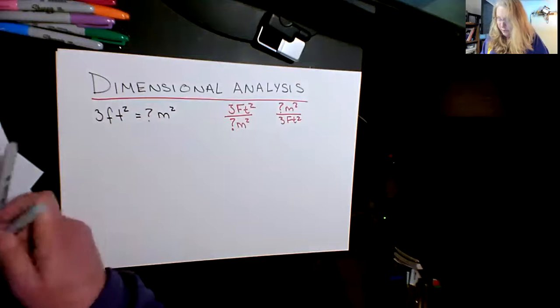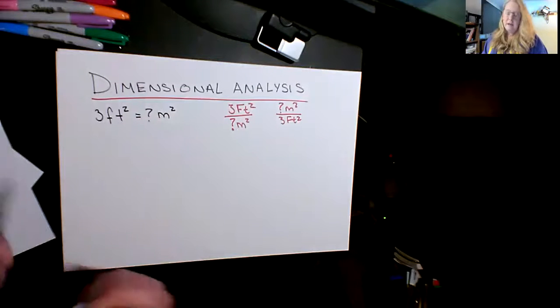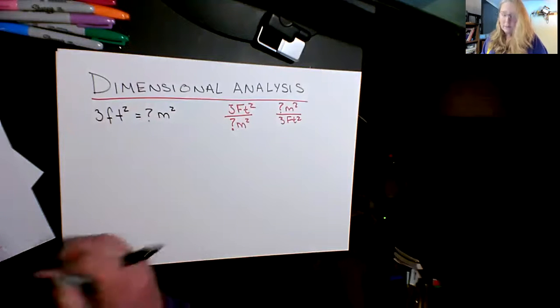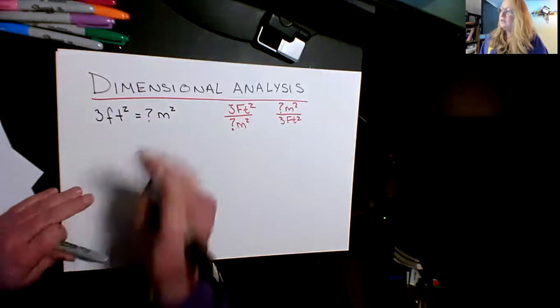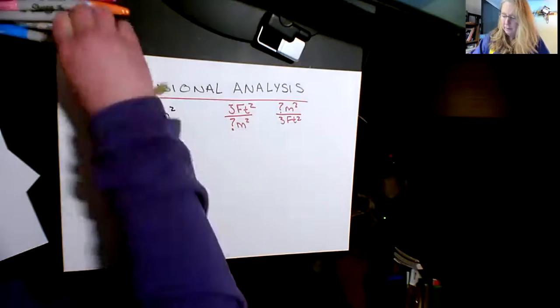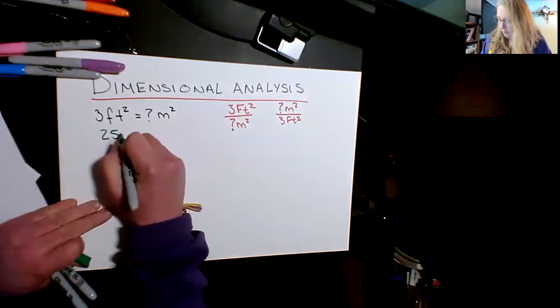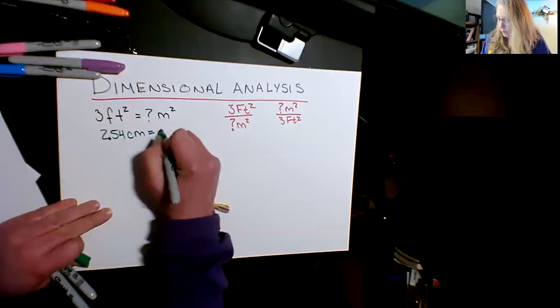Most textbooks give a conversion for centimeters to inches, and that is, let me write in a different color, there are 2.54 centimeters in 1 inch.